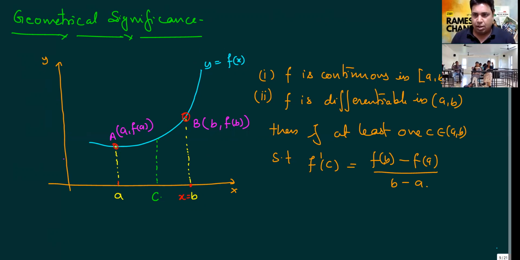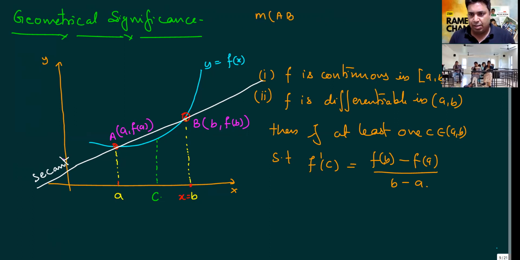Now let's draw a secant passing through A and B. This is what we call a secant. Can we find the slope of secant AB? Can anyone tell me what the slope of AB is?